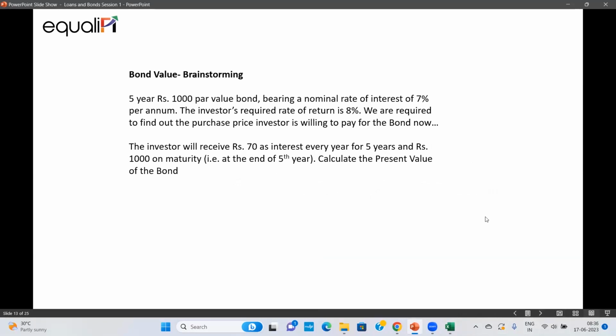So there is a quick brainstorming we will do here. A 5 year, 1000 par value bond bearing a nominal rate of interest of 7% per annum. The investor's required rate of return is 8%, and we are to find out the purchase price the investor is willing to pay for the bond now.